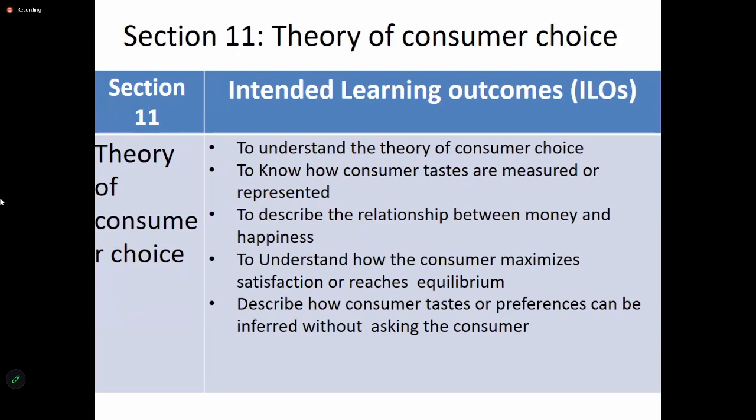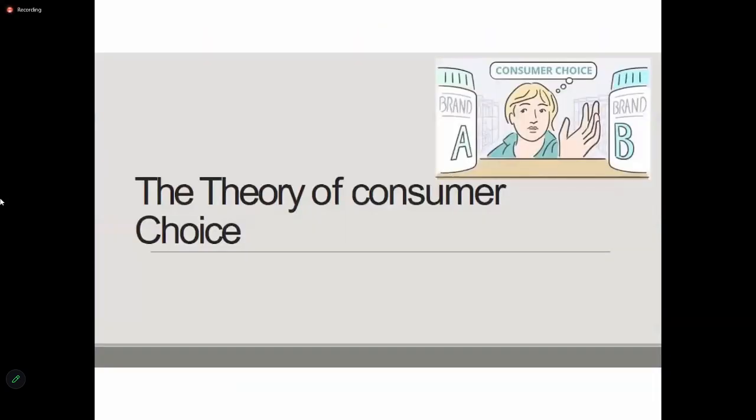Okay, so what's the relationship between money and happiness? We are discussing all this from the consumer's point of view, the consumer side. Okay, I hope you got the idea of the ILOs, intended learning outcomes. If you have any questions, meantime also you can ask, or in the chat box.